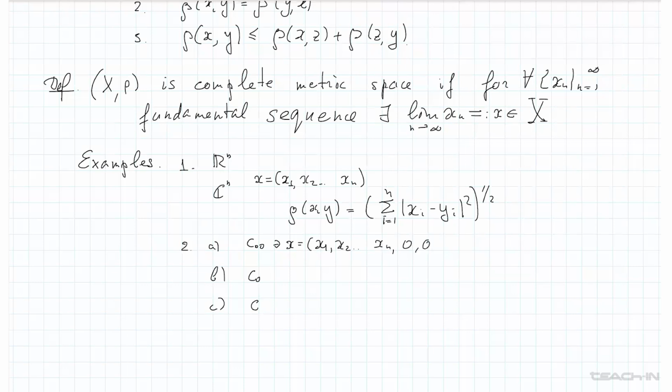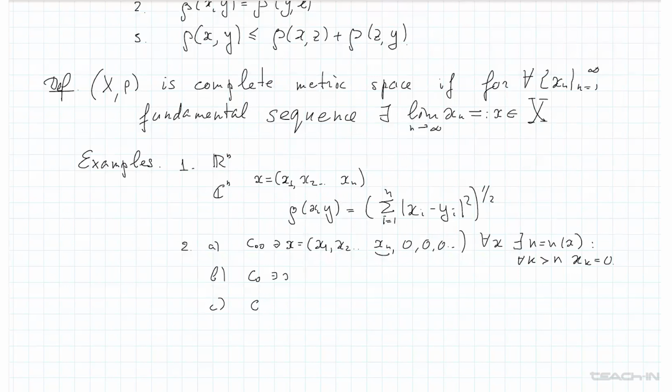But the first space consists of the finite sequences, but the place from which the zero coordinates start is different for any element. The quantities are following. For any x, there exists n, which depends on this sequence x, such that for any k greater than this n, xk equals 0.